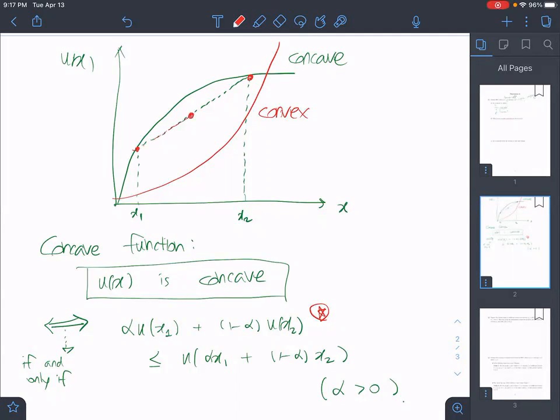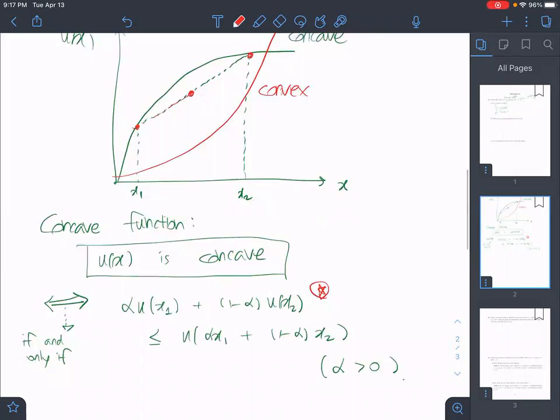Let me call the left-hand side star, and the right-hand side 2 star. What is this? It's the function value evaluated at the mean, at this point between x1 and x2, alpha x1 plus 1 minus alpha x2. In the middle between x1 and x2, you evaluate the function at this point. So this is 2 star.